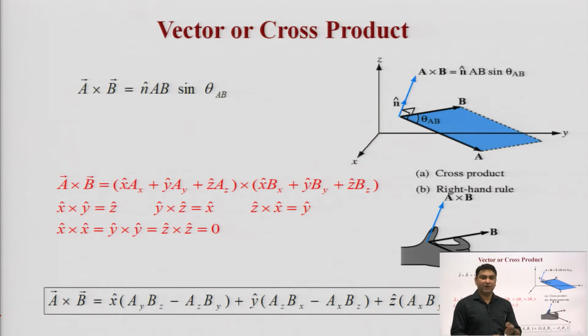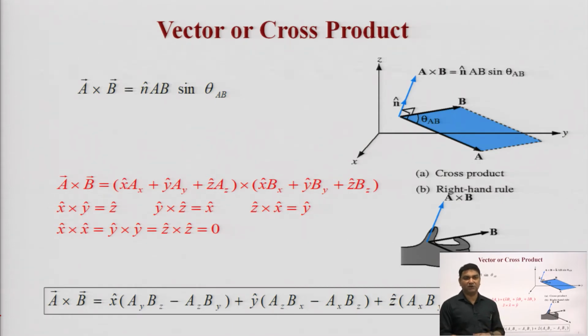So, A is the magnitude of the vector A, B is the magnitude of the vector B and sin theta is the sine term of the angle between A and B. I think this is very much understandable for you. Okay. So, we analyze this phenomenon.